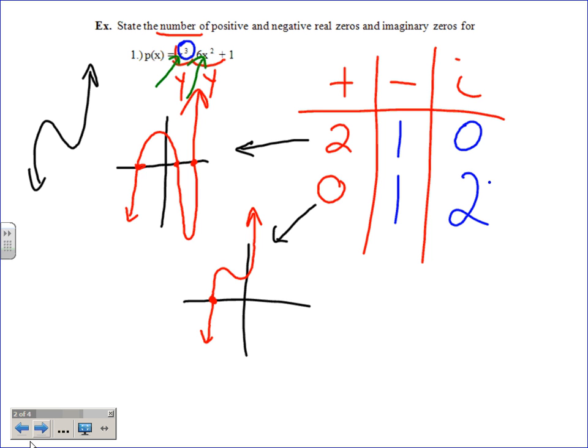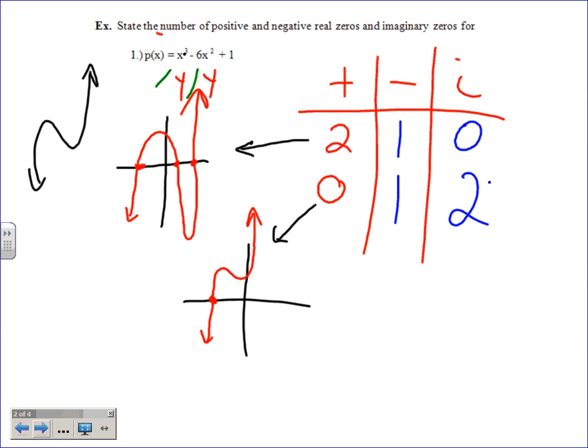There's a really good question on this one, too. Where's the x term? How come I didn't worry about it?